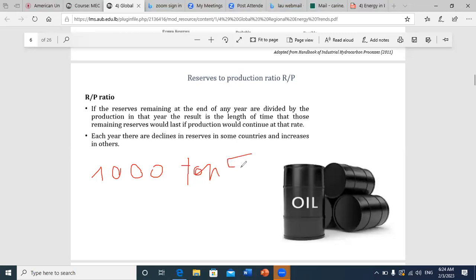So a simple calculation can tell us that the ratio of reserves to production is 2. So we still can have 2 years without shortage. So we try always to increase this ratio to be on the safe side.